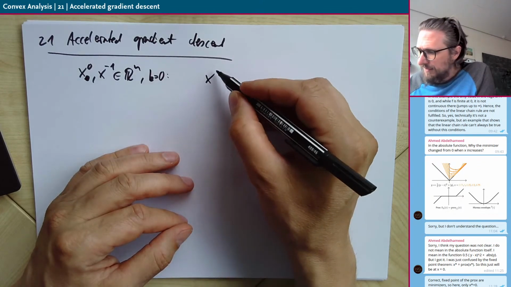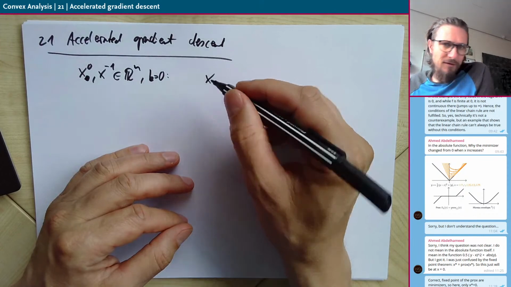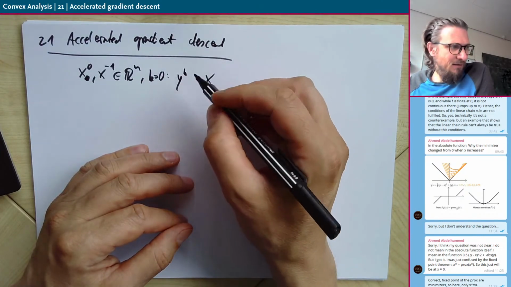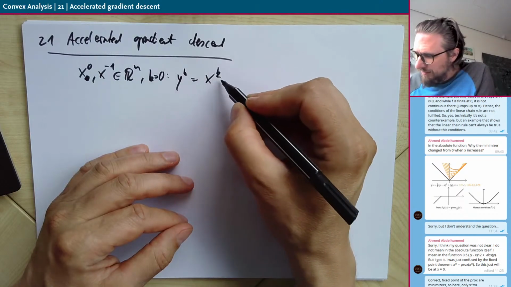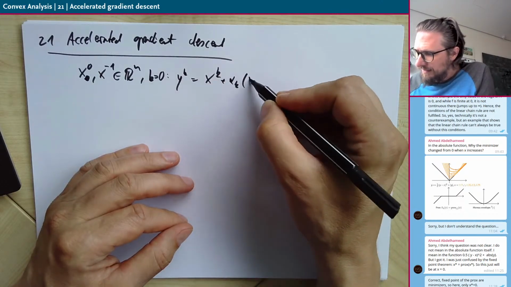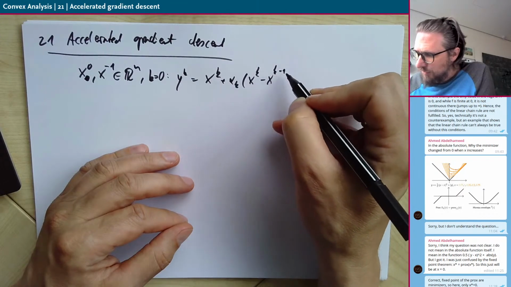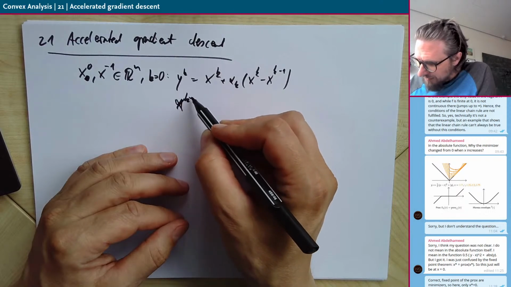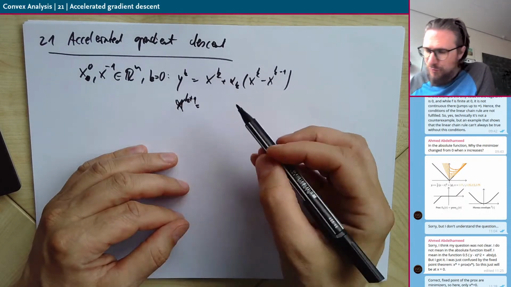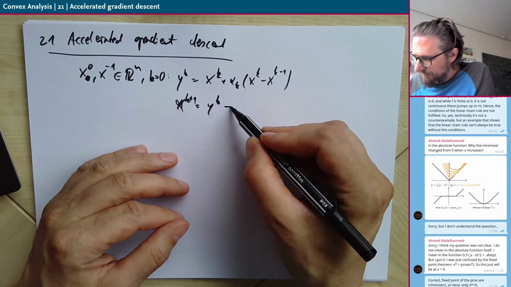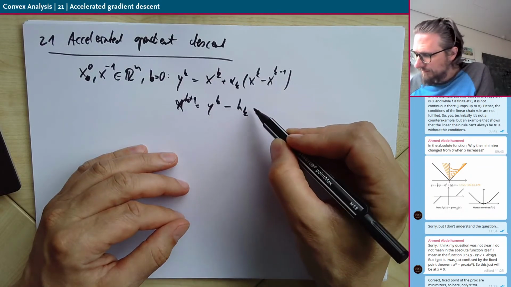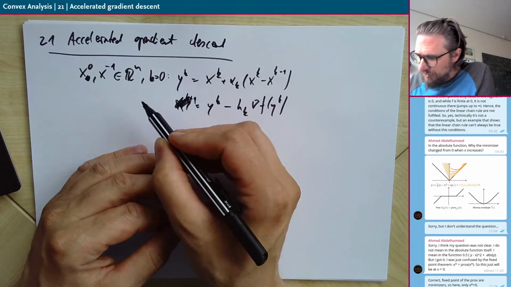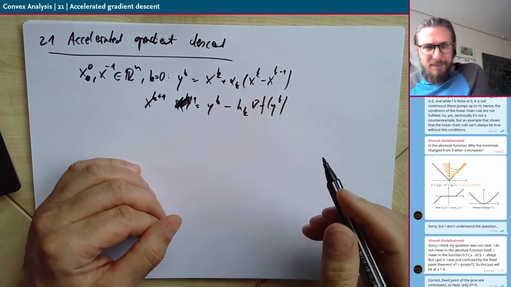The first thing you do is an auxiliary step. So at xk, you go to some yk, and this looks like this: yk equals xk plus alpha k times (xk minus xk minus 1). Then xk plus 1 is doing a gradient step from this y point on, with some step size h.